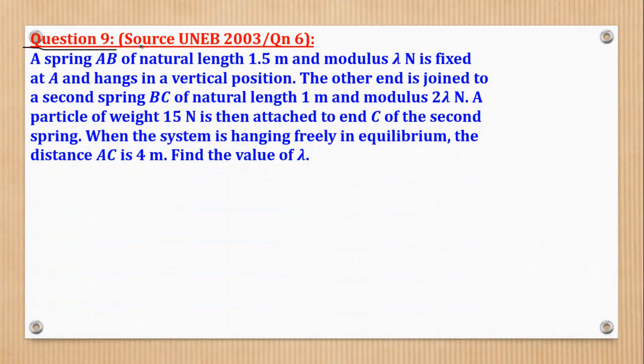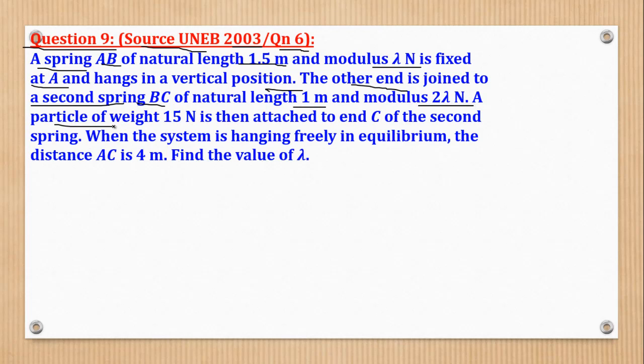Then question 9 came from UNEB of 2003, paper 2, question 6, and it says, a spring AB of natural length 1.5 meters and modulus lambda Newton is fixed at A and hangs in a vertical position. The other end is joined to a second spring BC of natural length 1 meter and modulus 2 lambda.